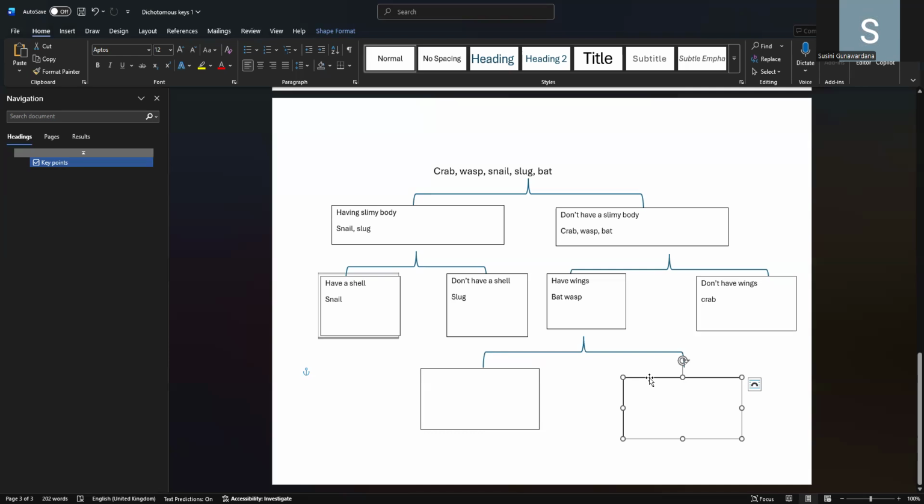As in the previous example also we had bat, we can take the same characteristic, having ears and don't have ears. Or else we can mention having fur and don't have fur. If you think about bat, as it is a mammal, its body is covered by fur, like us and cats and dogs. It means they have a hairy body.